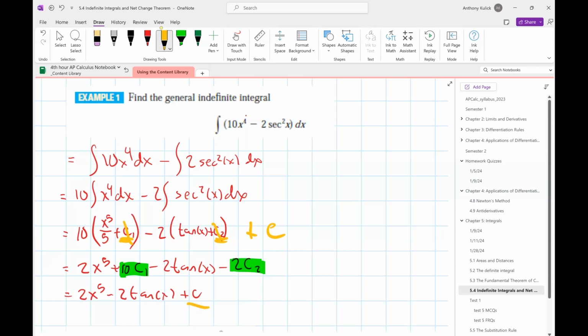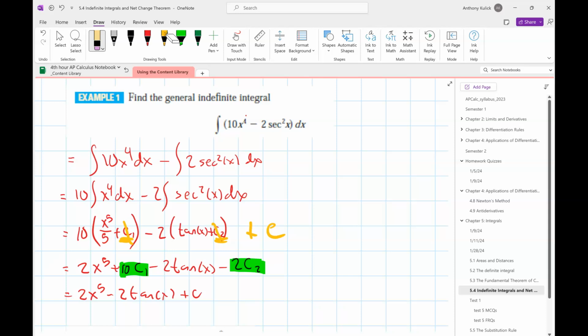Because they don't have to be the same number. 10 times a constant is still a constant. 10 times a constant minus 5 times some other constant is still just a constant. So we're just going to aggregate it all together and call it C because, quite frankly, we don't care. And it doesn't matter.